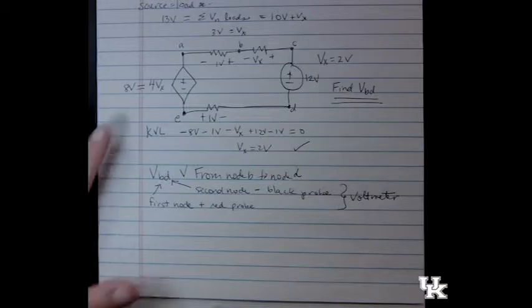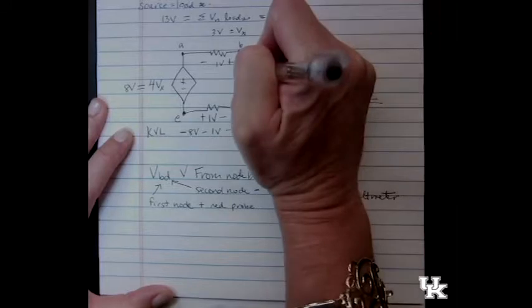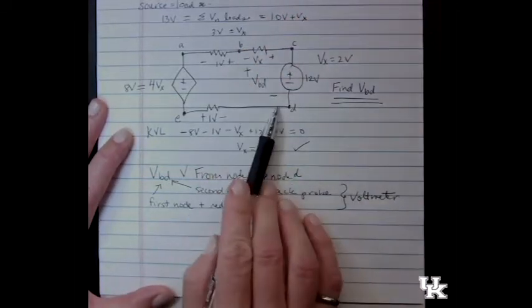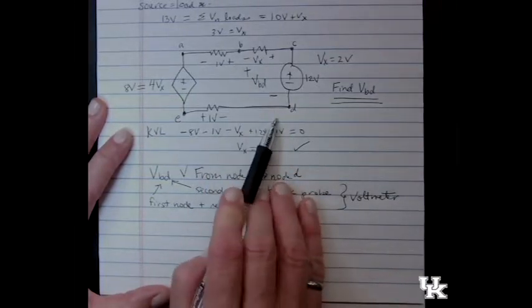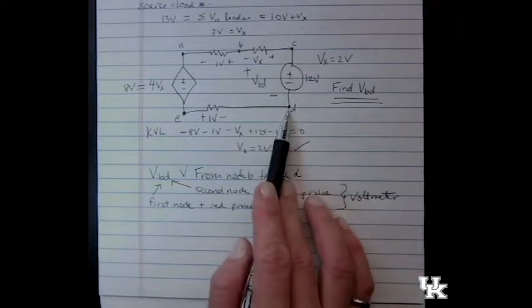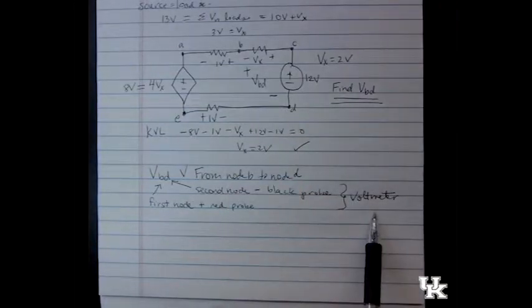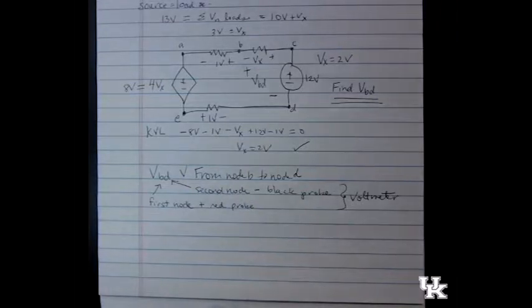All right. So what you might see on a diagram, they might put a label across the middle of the diagram that says VBD plus and minus, and they assume that you understand that you're going from node B to node D. Right? And you can think of that as measuring it from the red to black. Even though we called this a single loop, we can choose to break it into even smaller pieces with our voltmeter.